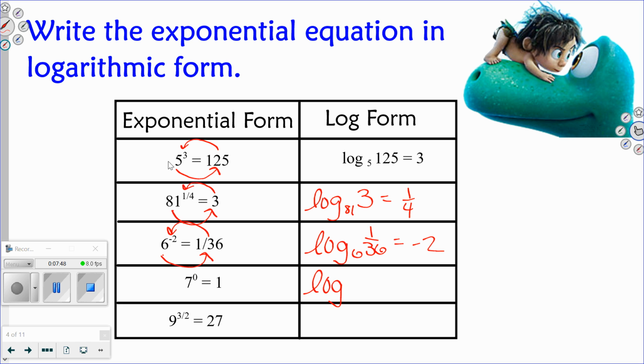So log base 7 of 1 equals 0. Anything to the 0 power equals 1. Didn't we talk about that yesterday too? Anything to 0 power is 1. All right, and the last one, what's that one going to be? It's going to be log base 9 of 27 equals 3 over 2.